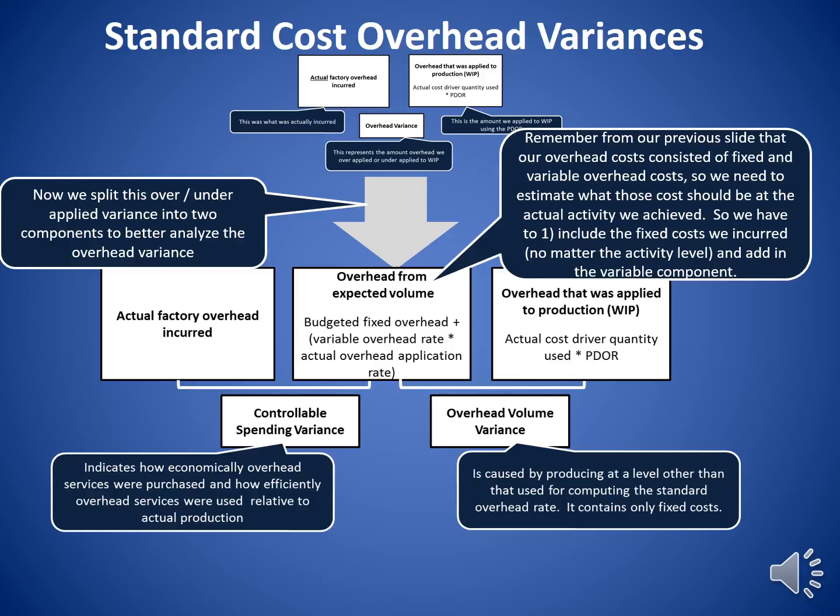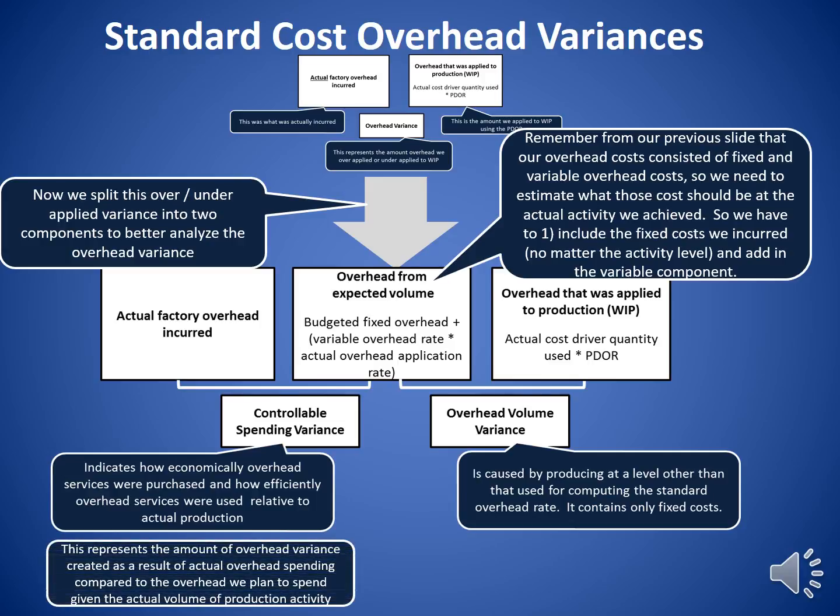Now I'm going to make life more interesting by spending a little bit more time on overhead variances. Now, the overhead controllable spending variance represents the amount of overhead variance created as a result of actual overhead spending compared to the overhead we plan to spend given the actual volume of production activity, so it's adjustable.